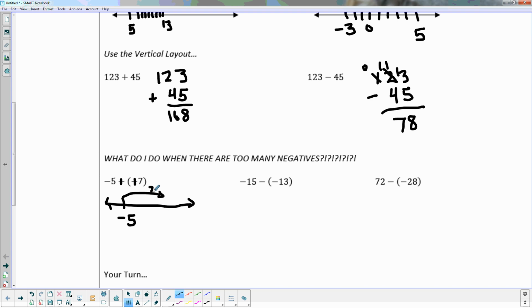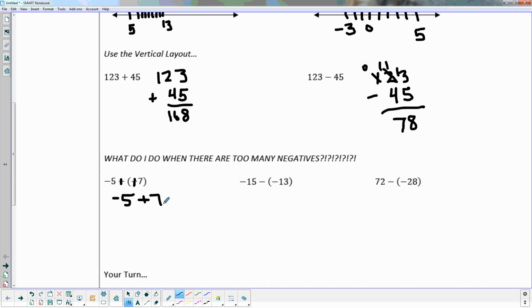That would be the number line idea. Typically we don't show any of that. We just add or subtract these numbers. And when we can get away with it, doing it in our head is obviously better. So what do we really get here? We get -5 plus 7.